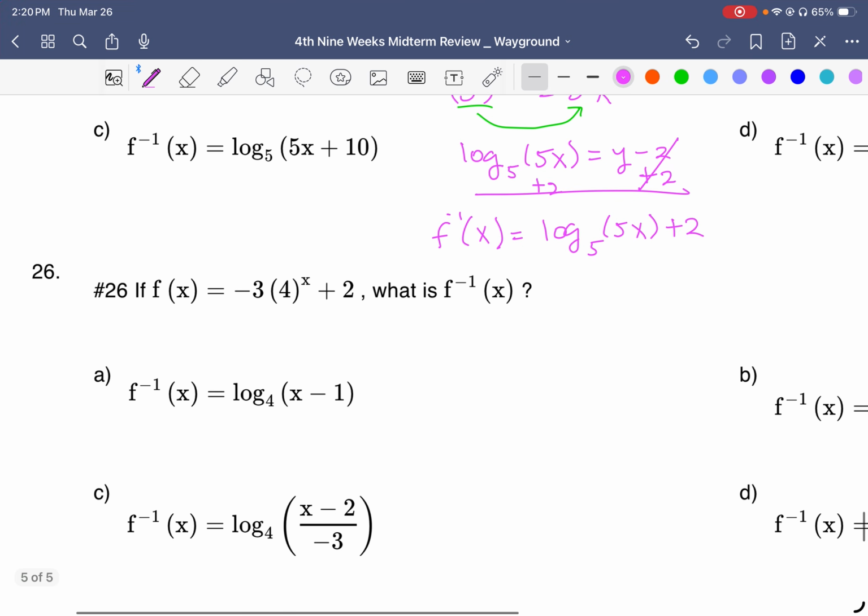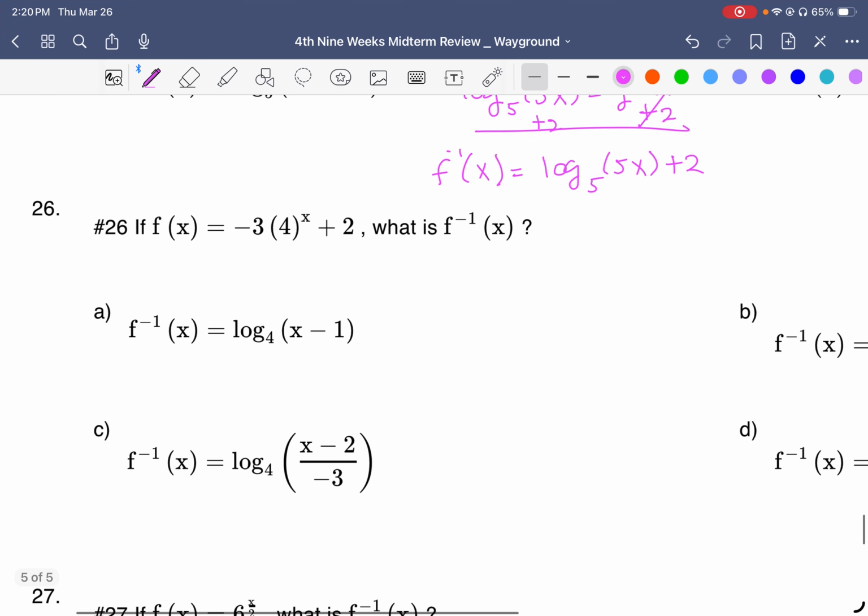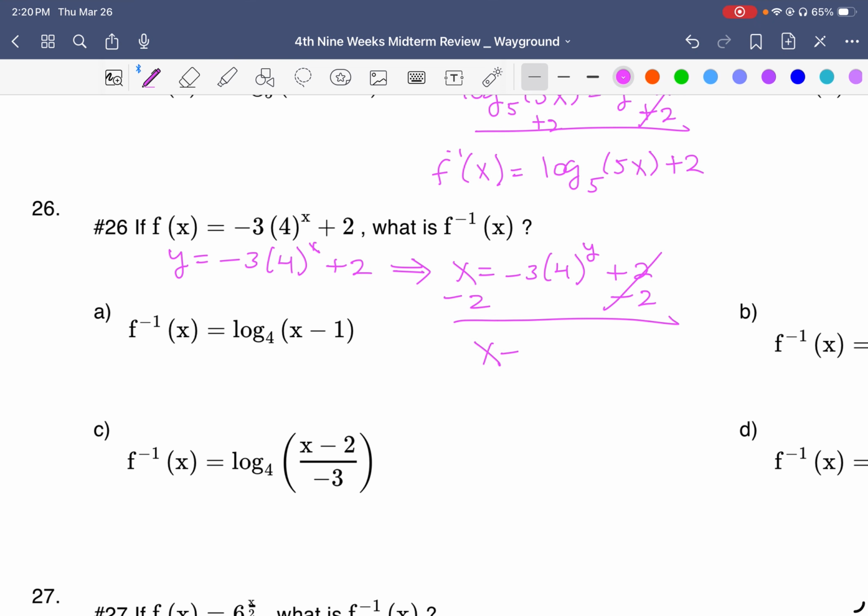Okay. Question number 26. Another inverse. I'm going to change f of x to be y. And then I'm going to swap x and y. Okay, I want to get y by itself. I'm going to subtract 2. X minus 2 equals negative 3 times 4 to the power of y. I'm going to divide by negative 3.